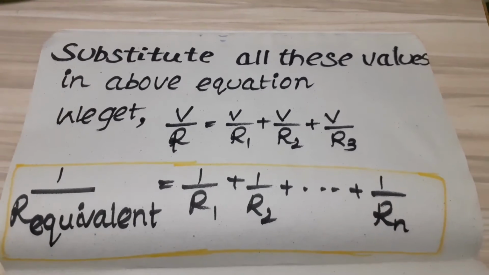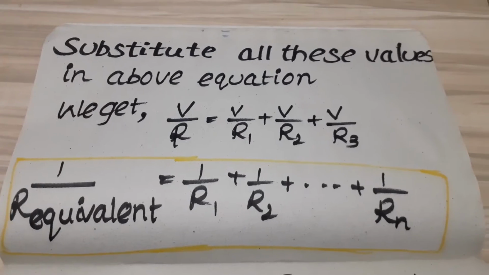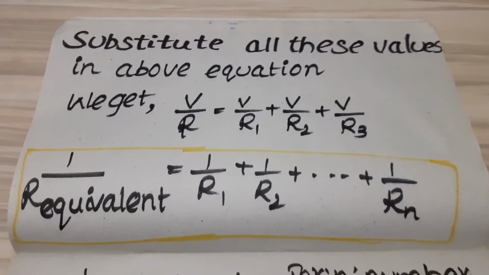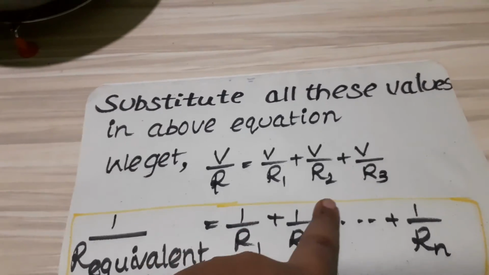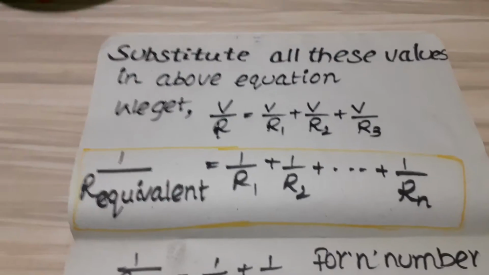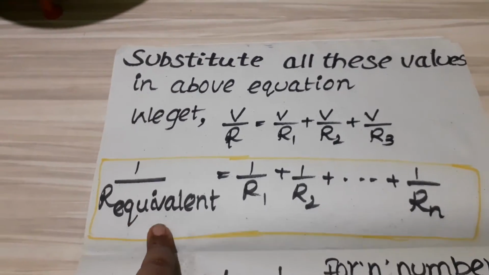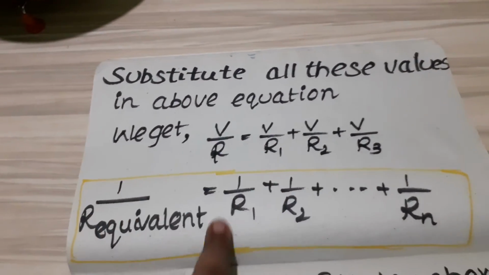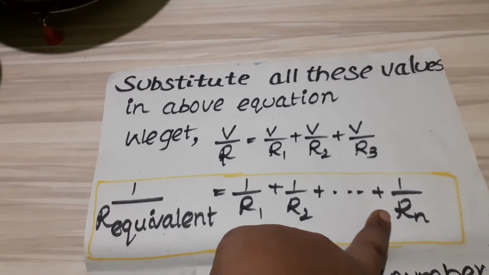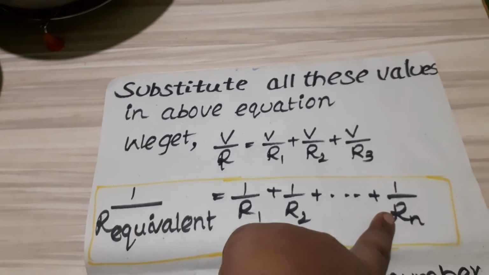Substitute all these values in the above equation. We will get V by R equals V by R1 plus V by R2 plus V by R3, that is the I value equals the sum of I1, I2, I3 values. So for the equivalent resistance, V cancels, and we get 1 by R equals 1 by R1 plus 1 by R2 plus so on up to 1 by Rn.